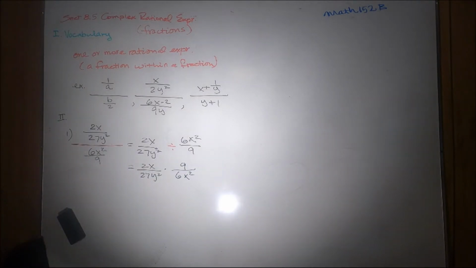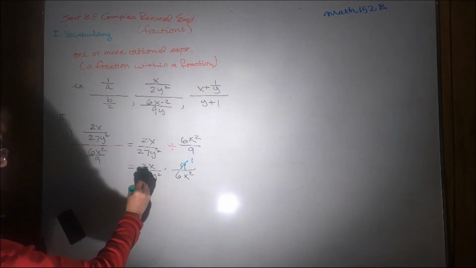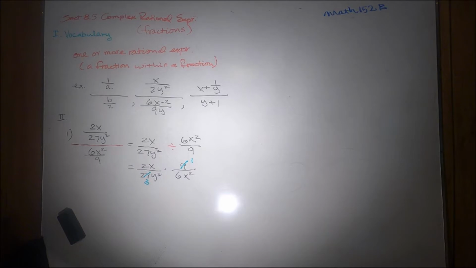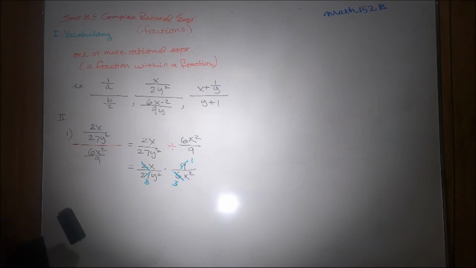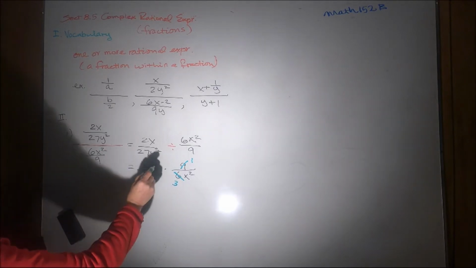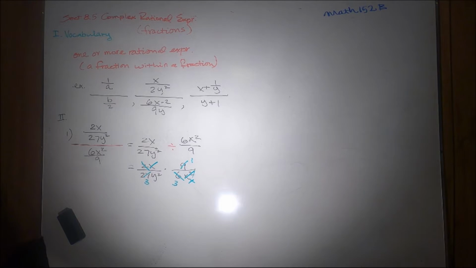Then, before we multiply straight across, we will do what? Simplify it, right? Cross out the 3. Then 2 and 6 would be 3 here. How about x and x squared? So you cancel out 1, so you have 1 left.